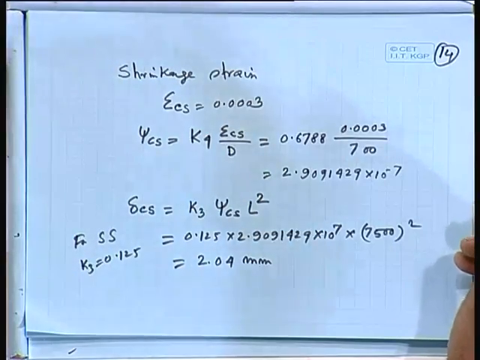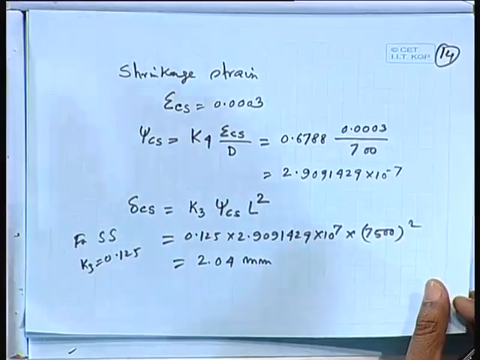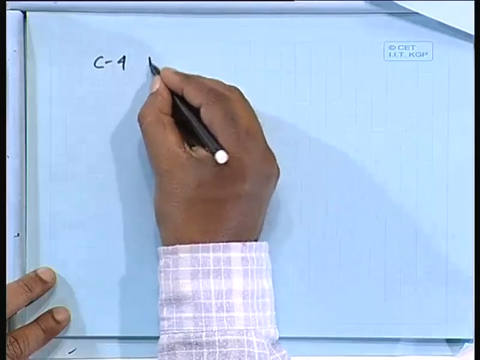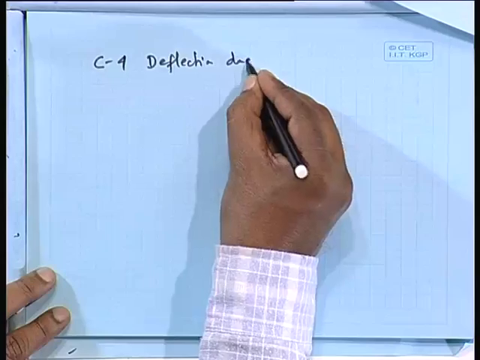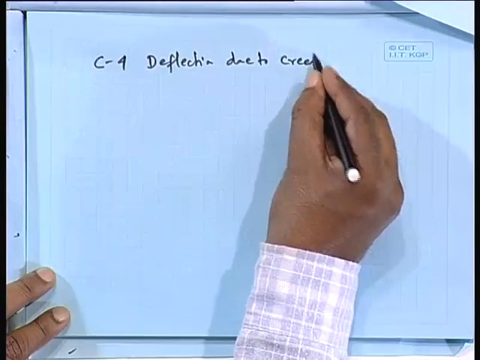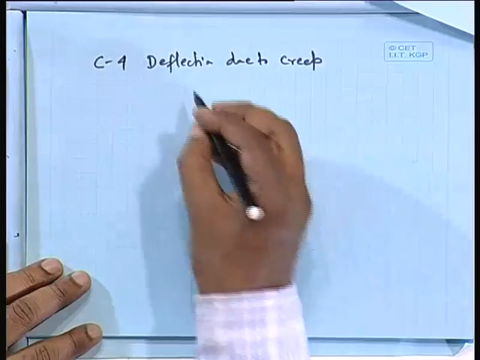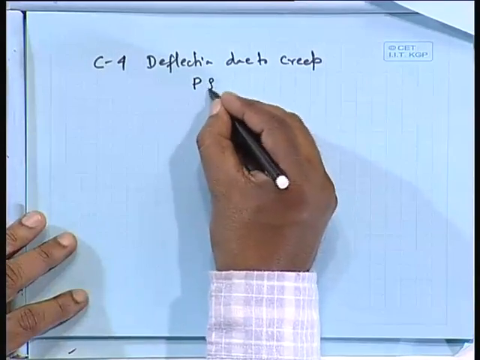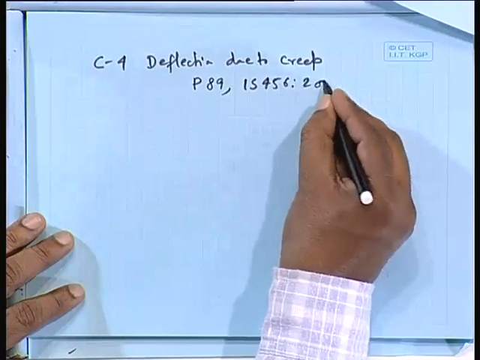And the next one we have is creep, the deflection due to creep, and that you will get in page 89 of IS 456 2000.